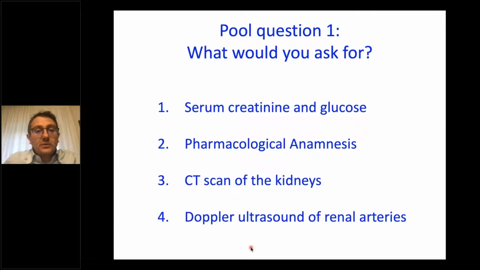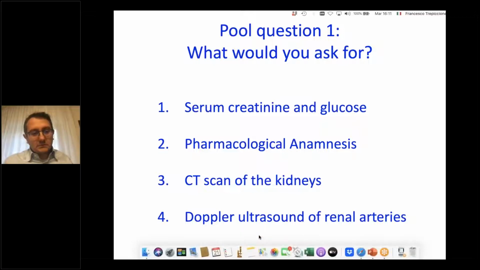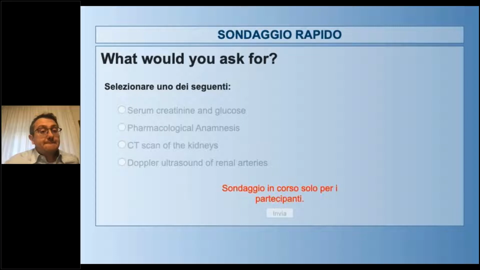What would you ask for by having this patient at your clinic? Would you ask for serum creatinine and glucose, pharmacological anamnesis, CT scan of the kidneys, Doppler ultrasound of the renal arteries?